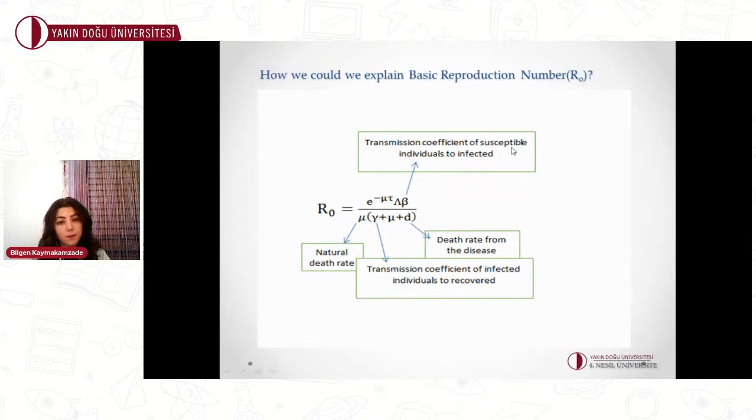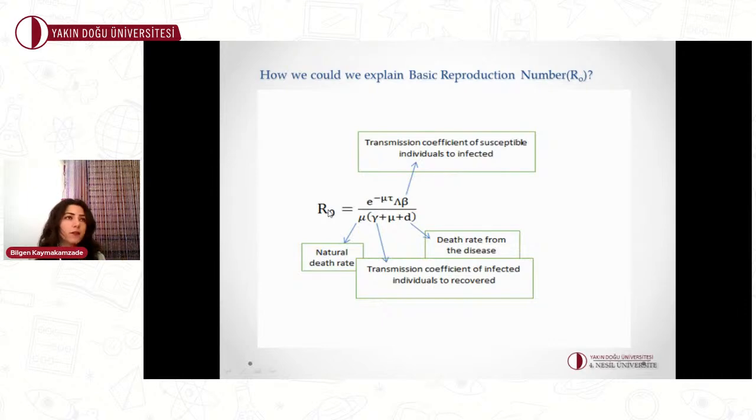So if we increase the denominator, R0 will decrease, and if we decrease the denominator, R0 will increase. Since this is the transmission from susceptible to infected individuals, it means that we have an infected person here. So if we decrease the rate of beta, the R0 value decreases.